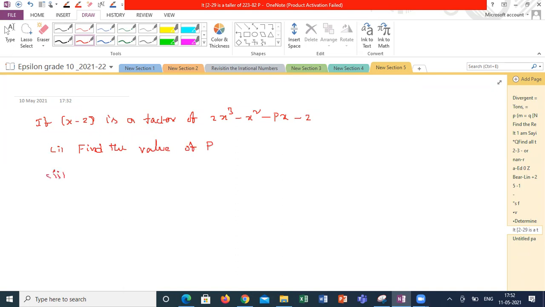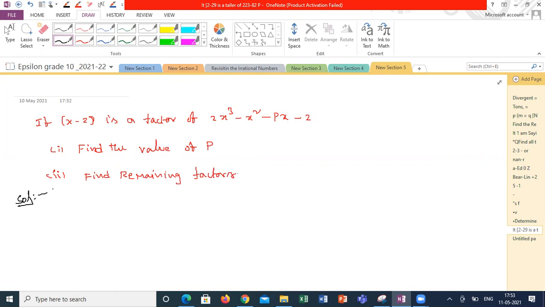Second question, with the value of p, find the remaining factors. Expecting the solution from you only.